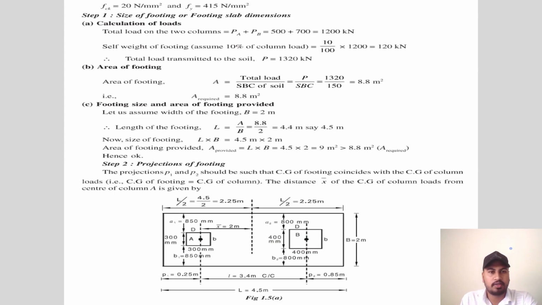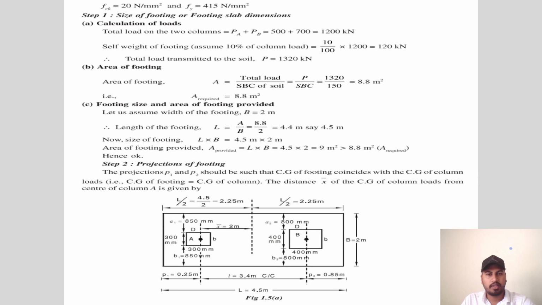We assume the self weight of the footing as 10% of the total column load. So we have 1200 as the total column load and 10% is 120. So the total transmitted load to the soil will be 1320 kilonewton.